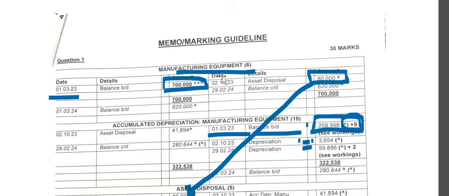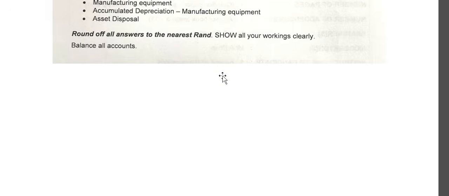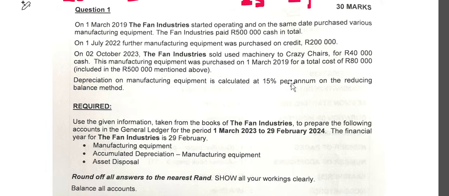Now, it's very important, when I was going through this, the item was sold on the 2nd of October. That means you don't include October. So we've had this item that we are selling from the 1st of March until the 2nd of October.